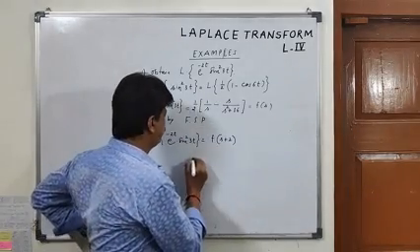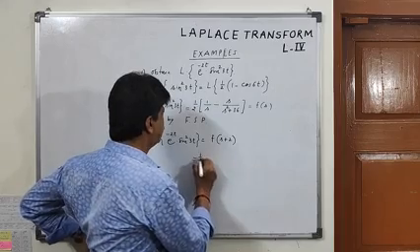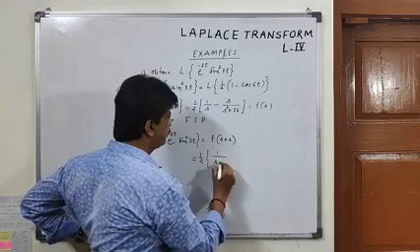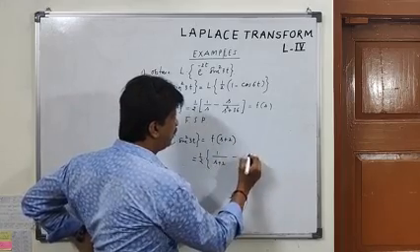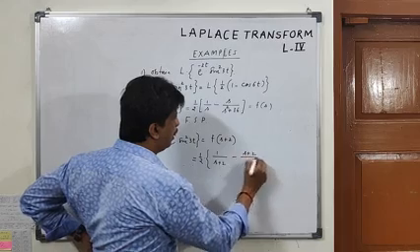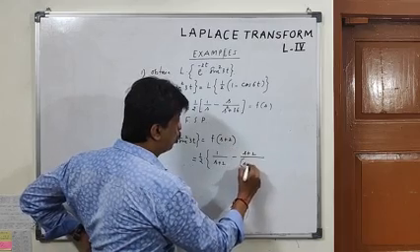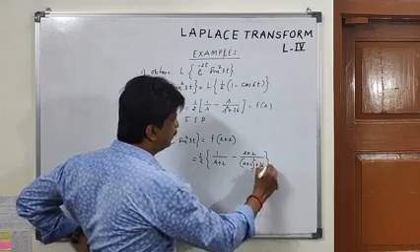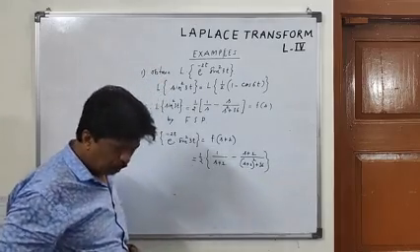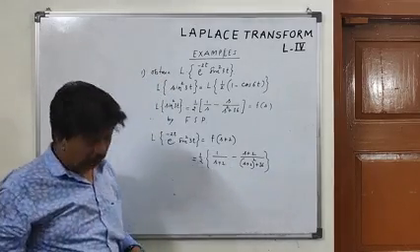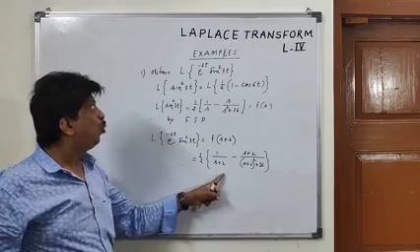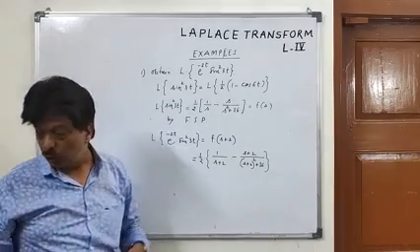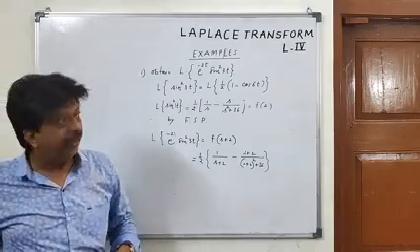So that is equal to 1 by 2 times 1 upon, replacing s by s plus 2, minus s plus 2 upon s plus 2 whole square plus 36. So this is the required Laplace transform of e raised to power minus 2t into sine square 3t.